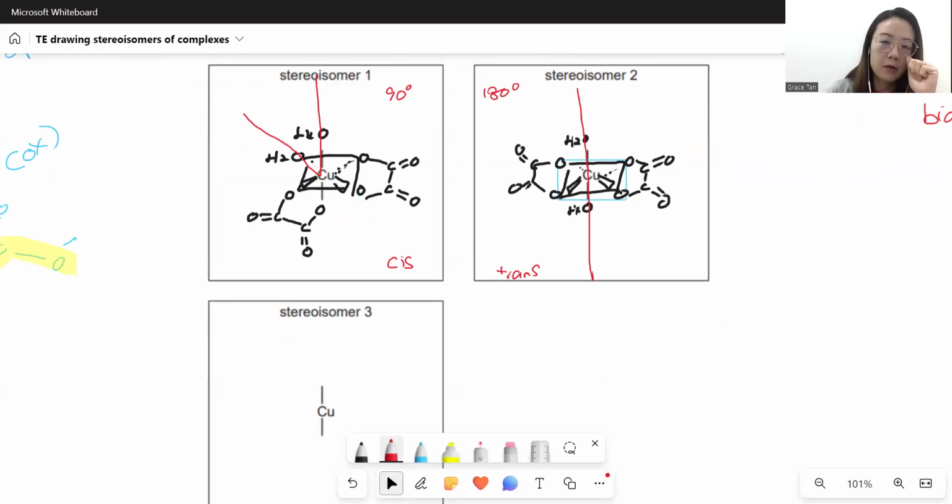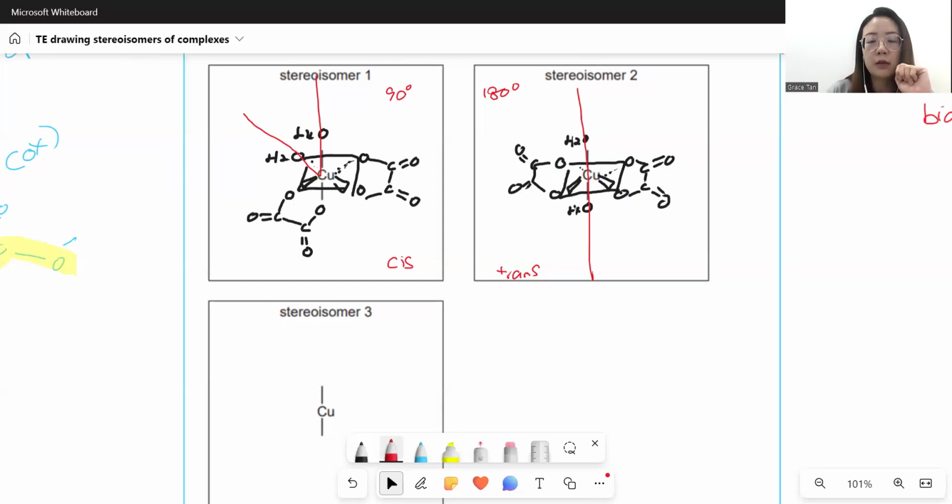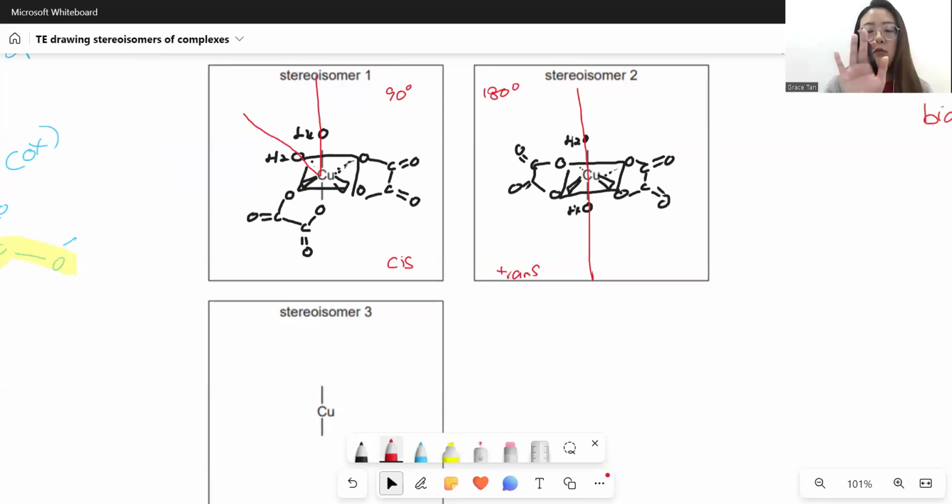But then obviously, we only take the cis to mirror. We don't take the trans. Now I want you to look at stereoisomer 2, which is the trans drawing of mine. If you take stereoisomer 2, which is the trans, and you mirror it, it will look exactly the same. So there is no point doing optical on your trans isomer. You can only do the optical for your cis isomer.